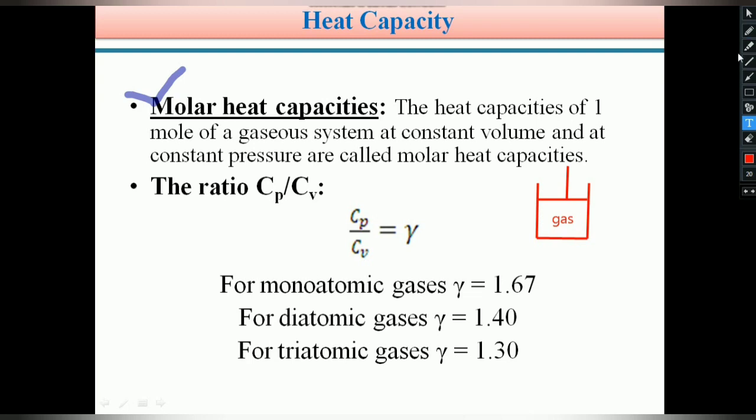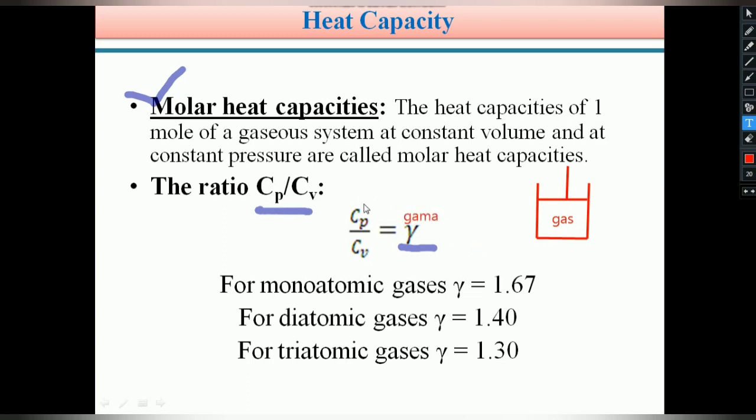Students, what is the advantage of molar heat capacity? The molar heat capacity ratio, for example Cp by Cv, is always equal to gamma. It is denoted with the symbol gamma. Students, you all know this is the symbol for gamma.